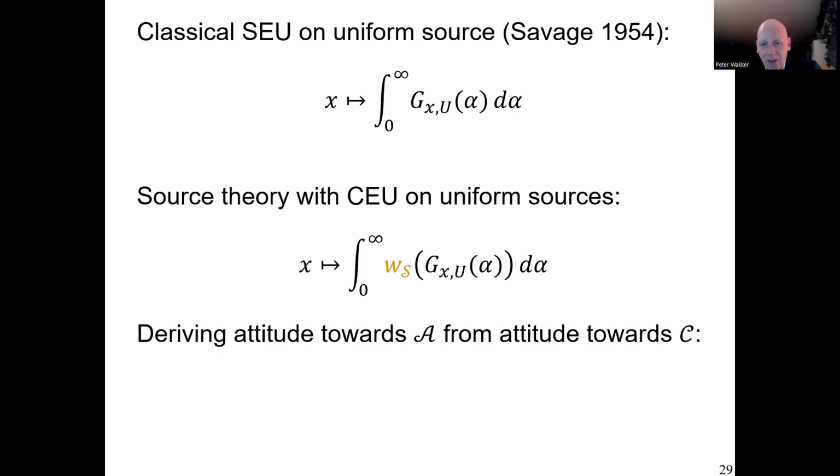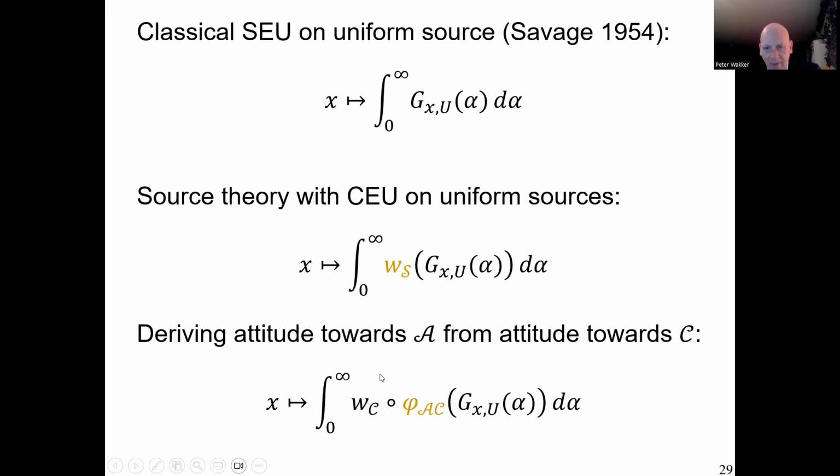Now, something else about tractability. Imagine you are interested in the special case where C is risk and A is an ambiguous source. And you want to write how the ambiguity of this A is changing the formula that you would use for risk. What you do, you get this formula.